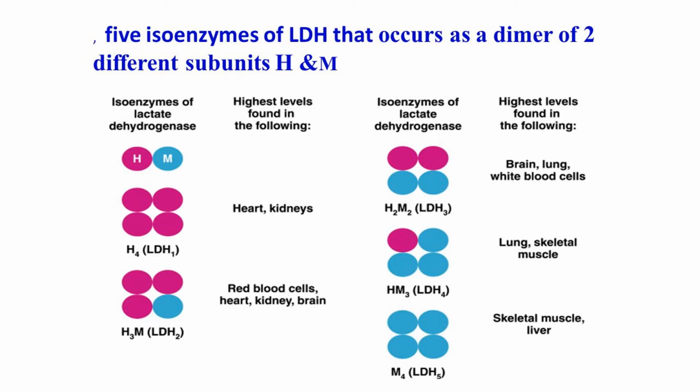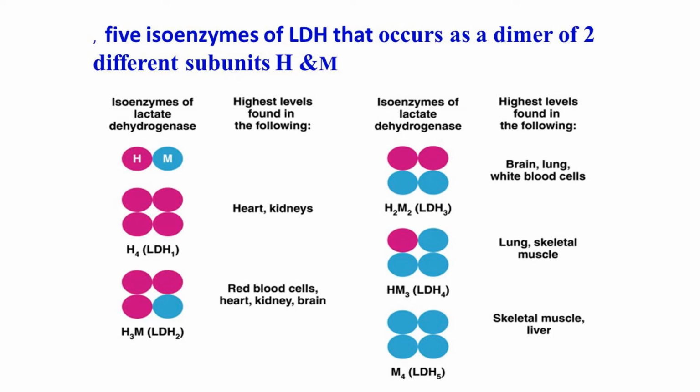You can see the color purple and the blue. So lactate dehydrogenase 2 is comprised of 3 H and 1 M subunit. Lactate dehydrogenase 3 is mainly comprised of 2 H and 2 M subunits, and this lactate dehydrogenase 3 is mainly present in the brain, lung, and WBCs.